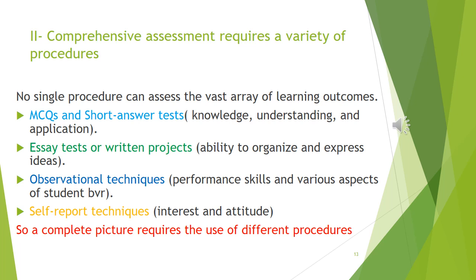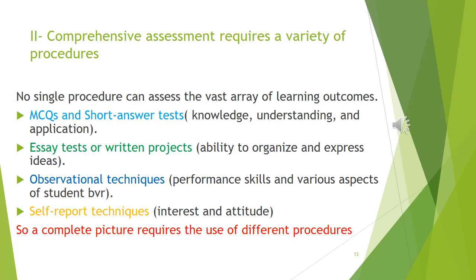Comprehensive assessment requires a variety of procedures is the second principle of assessment. No single procedure can assess the vast variety of learning outcomes. MCQs and short answer tests are useful for measuring knowledge, understanding, and application, but essay tests or written projects are needed to assess the ability to organize and express ideas.